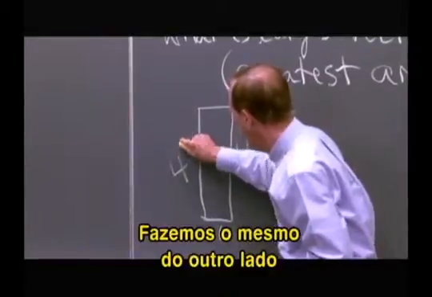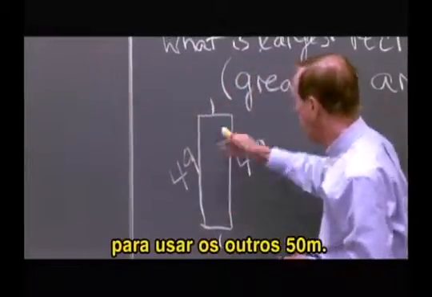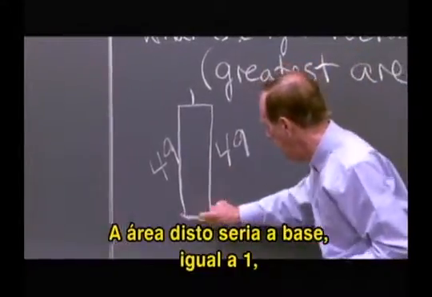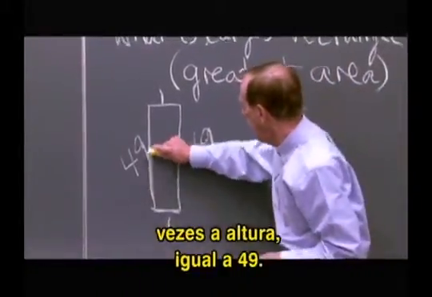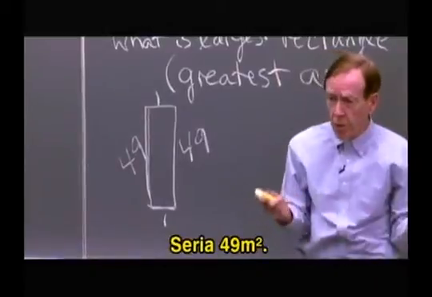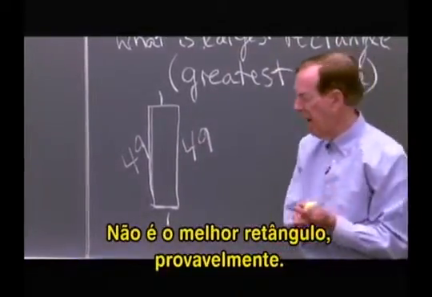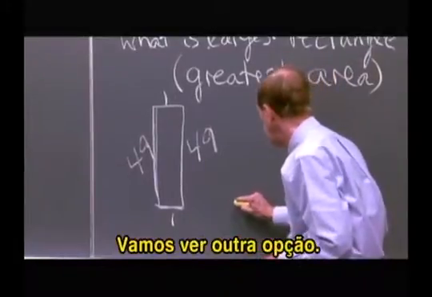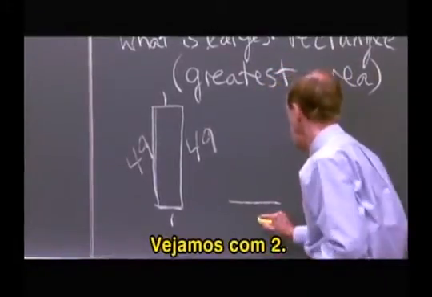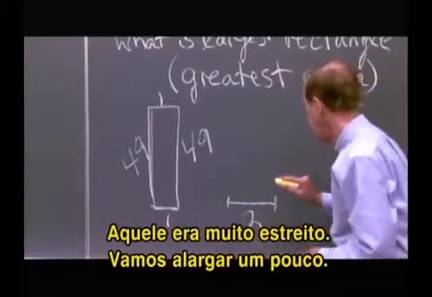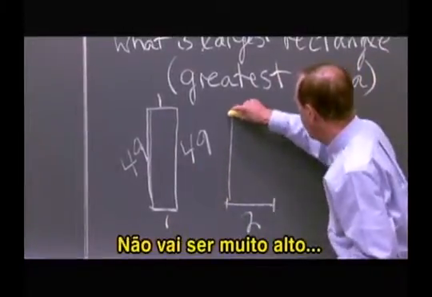Over here, 49 and 1, because it's a rectangle, would use the other 50. The area of that would be the base, 1, times the height, 49. Just 49, in fact. That's probably not the best rectangle. Let me change to a second choice. Let me use 2. That one was too narrow. Let's make it a little wider. So it won't have as much height.